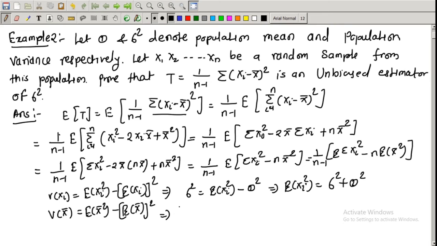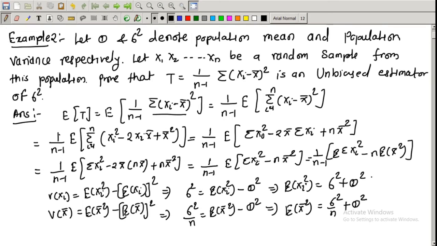So this implies variance of x bar is sigma square upon n, which is equal to expectation of x bar square, and expectation of x bar is theta, so minus theta square. So this implies expectation of x bar square is equal to sigma square upon n plus theta square.